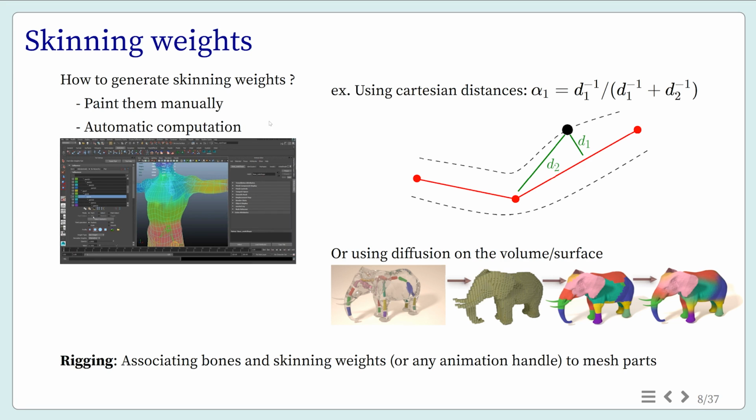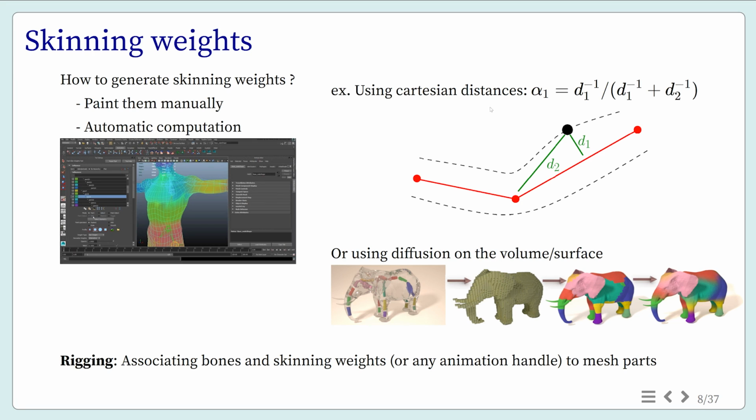Otherwise, there is some possibility to compute the weights automatically, typically using the distances between the vertex and the bones. The simplest way is to use Cartesian distance, where we compute the distance between a vertex and each bone, and then we take the inverse of the distances that we normalize.